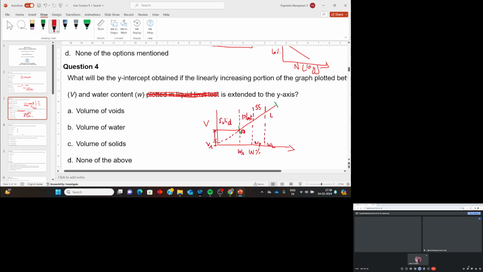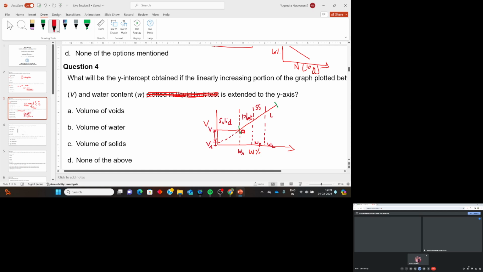So what will be this portion? Volume of solids. No, that is the bottom portion. Top portion, what will be the top portion?